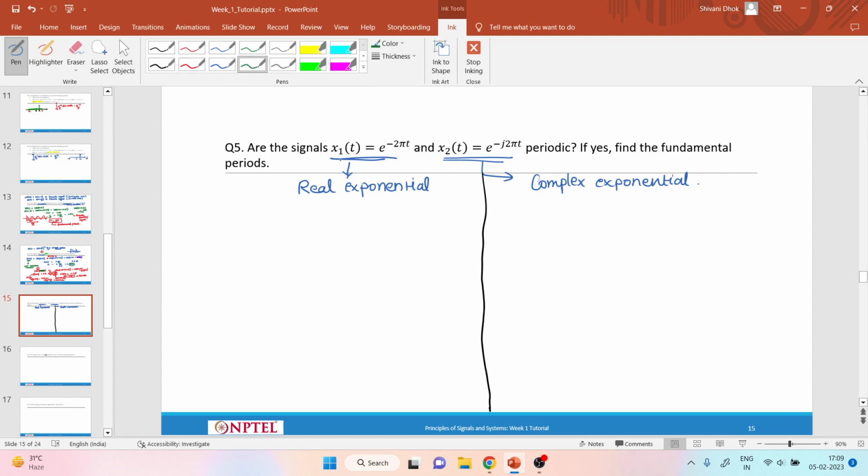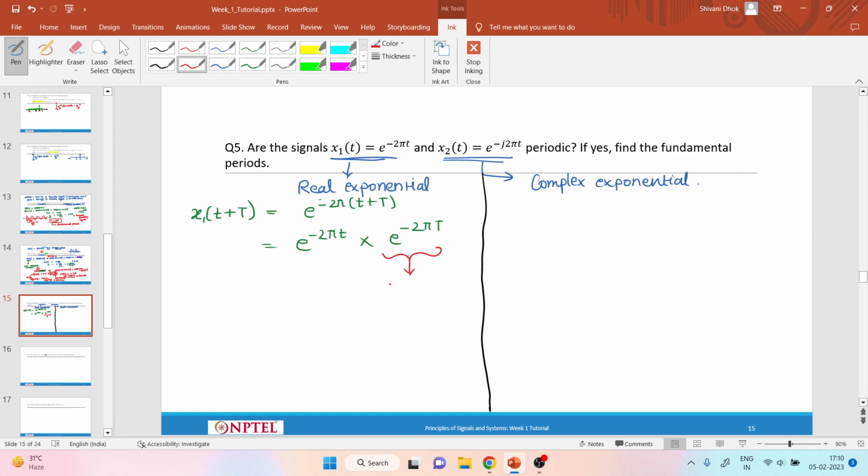So let's look at the first signal, and let's say we look at x1 of t plus T. So it will be e power minus 2 pi (t plus T), which is equal to e power minus 2 pi t into e power minus 2 pi T. Now this will be equal to x1 of t only when this factor reduces to 1.